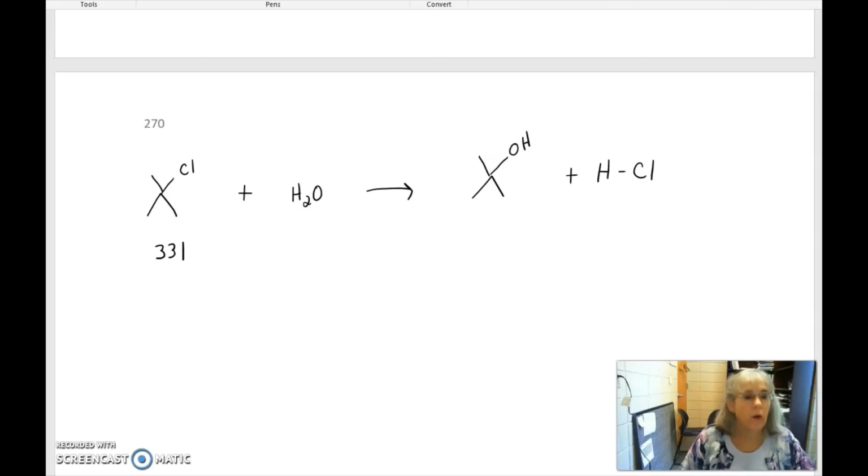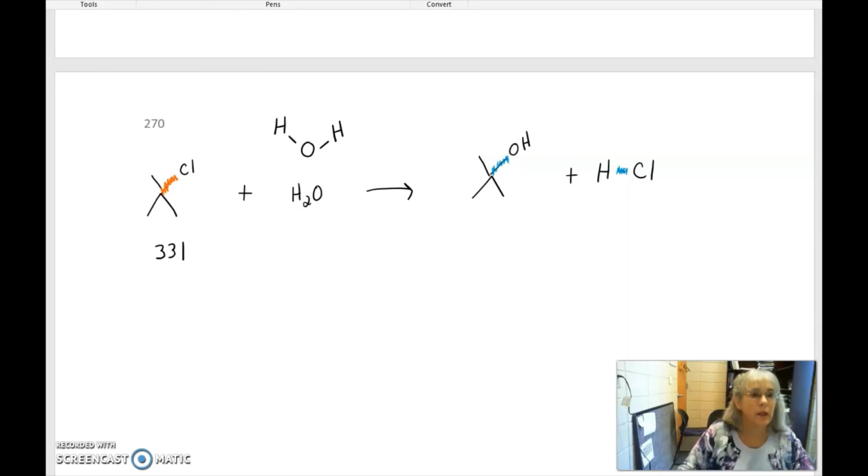We're going to have to break this bond, and we're going to make the carbon-oxygen bond here. Now, we're going to have to make this bond, the hydrogen chloride bond, and we're really going to need to rewrite our water so that we can see the bonds.